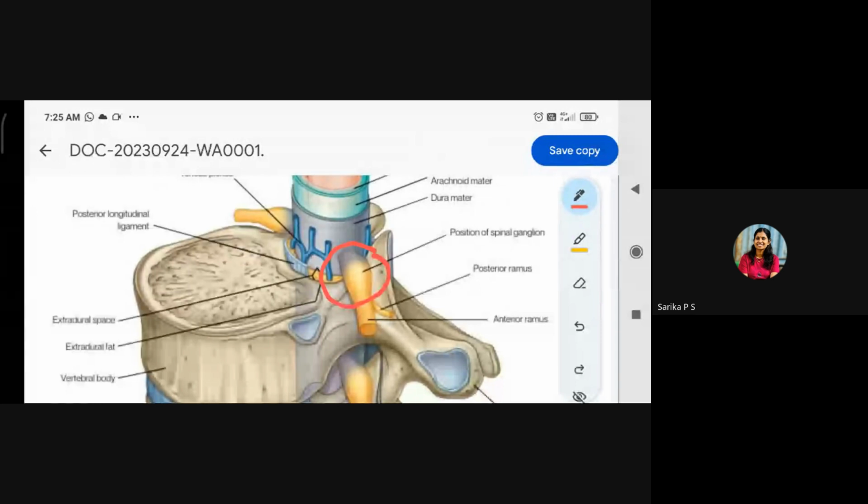So, as ganglia are collections of cell bodies, it will be a bit bulged out because cell bodies have a bulging structure, while axons are cylindrical. So a bundle of axons will also be cylindrical. That is, a nerve is always cylindrical. But when we are talking about ganglia, it will be a little bulged out. Okay. So in this picture, you can see that this is the dorsal root ganglia.